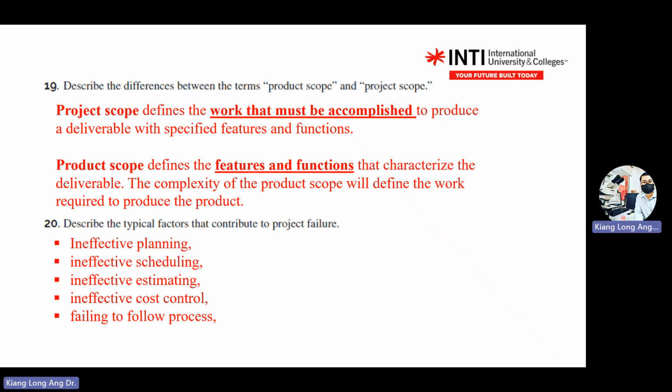This asks you about factors, so what contributes to project failure? Planning, scheduling, estimating, control, process. So normally you can see we keep repeating the same keywords for chapter 2: planning, schedule, estimating, cost control, process.